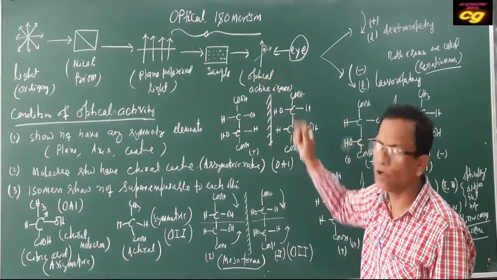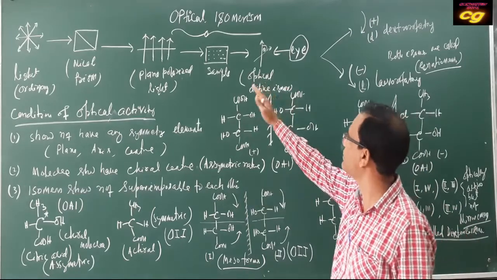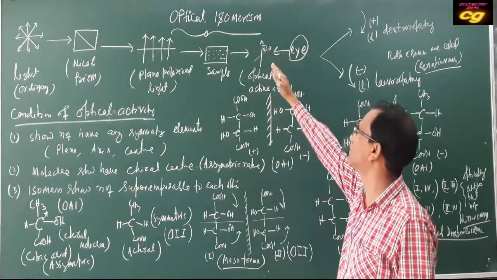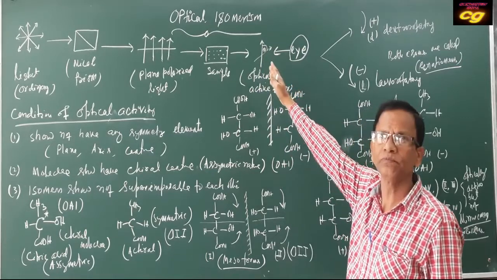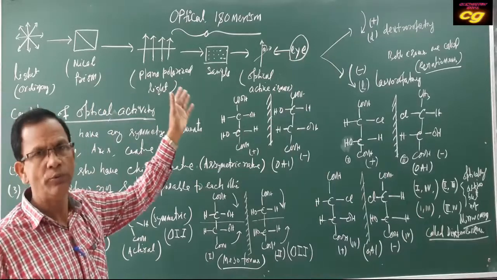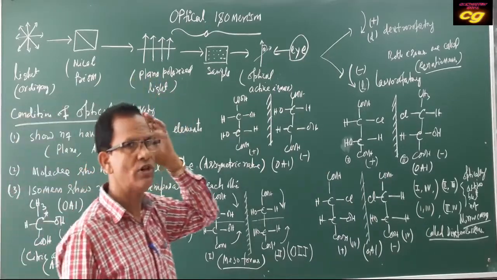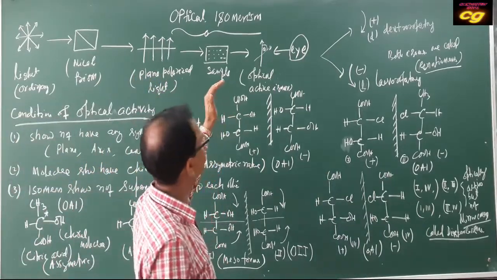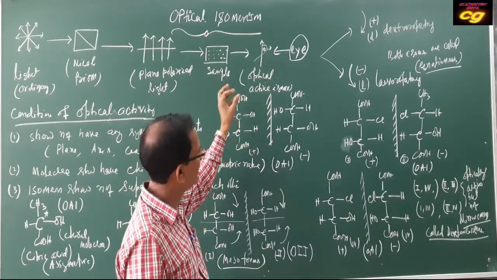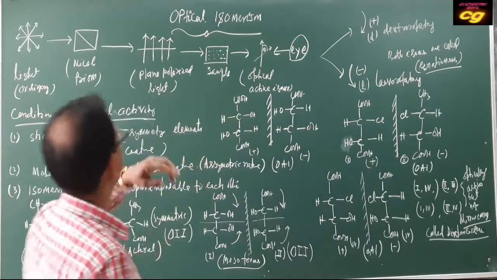The instrument is called a polarimeter. From the polarimeter you can see the movement of light in a particular direction, either clockwise or anti-clockwise.